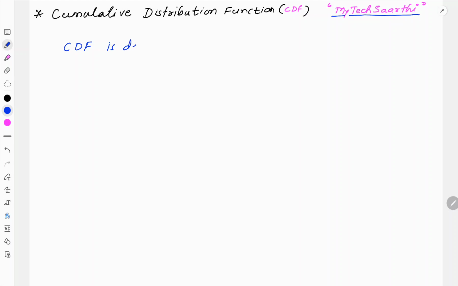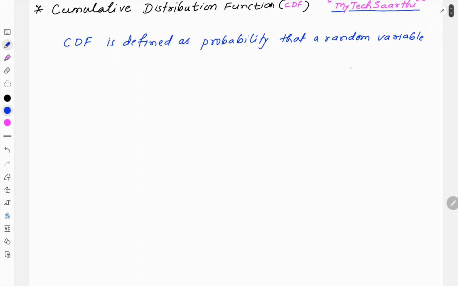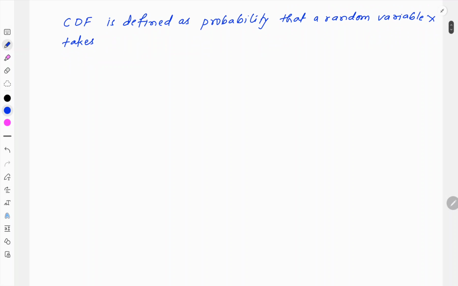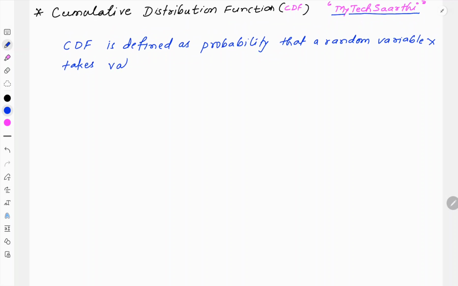CDF is defined as the probability that a random variable, capital X, random variable is denoted as capital X, takes a value less than or equal to small x.